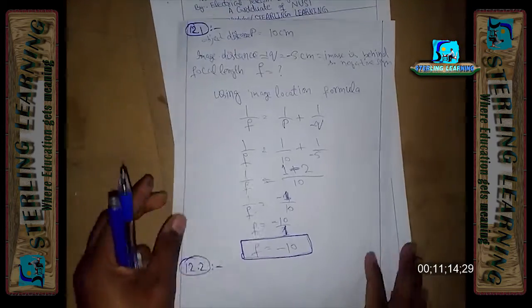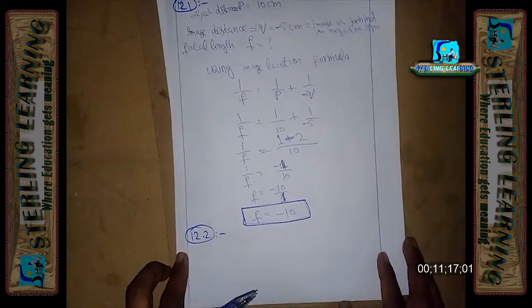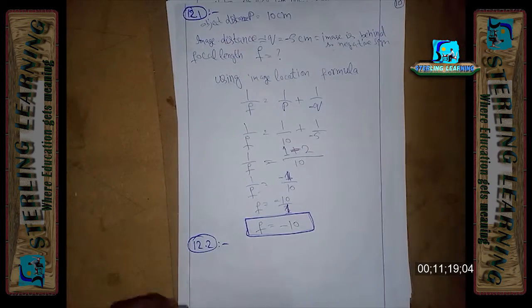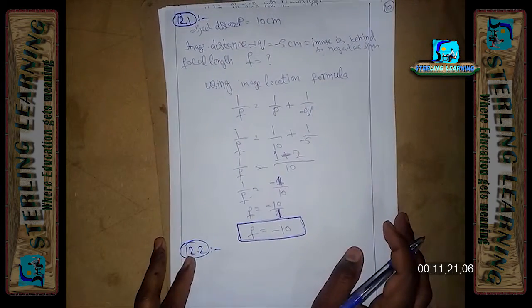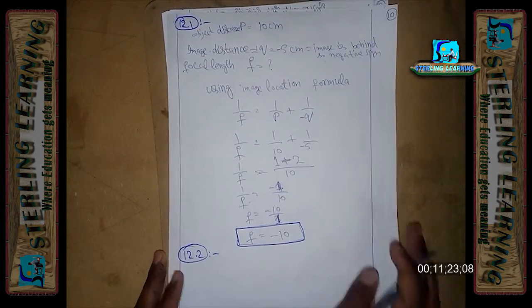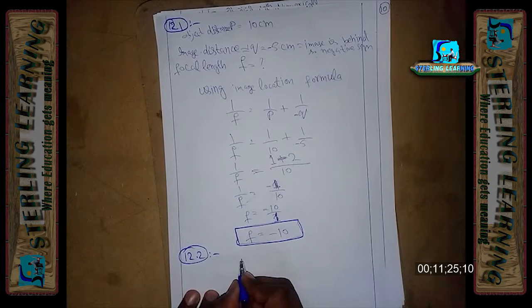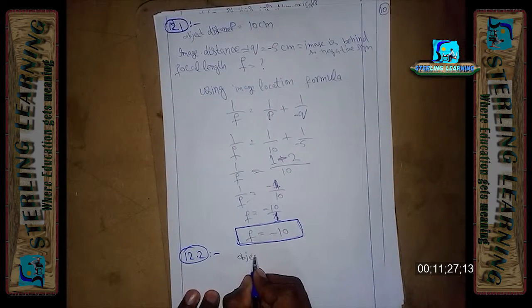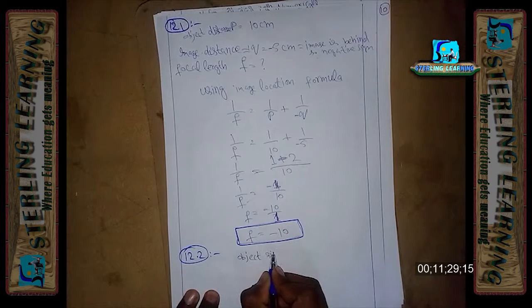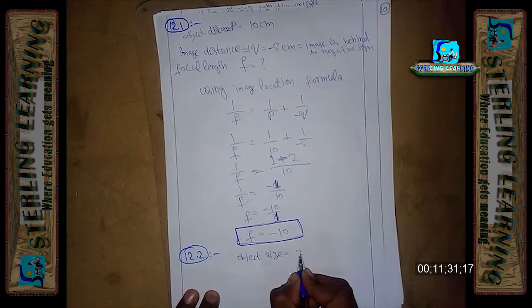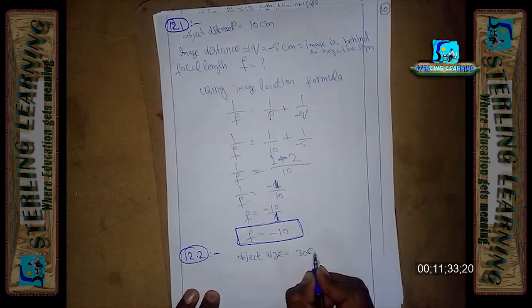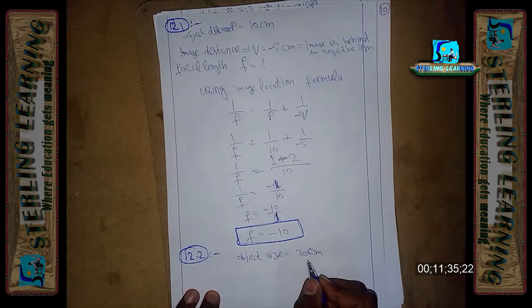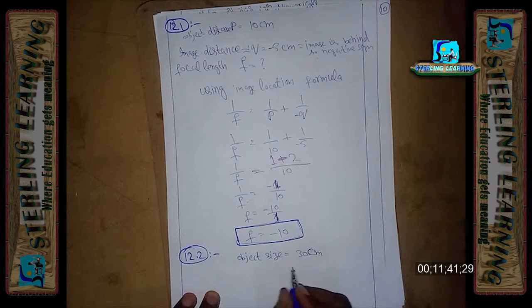I wrote those things because in 12.2 we are just going to use this. Okay, the object size is given. It is 30 centimeter tall. Object size 30 centimeter, and located 10 centimeter from a concave mirror.